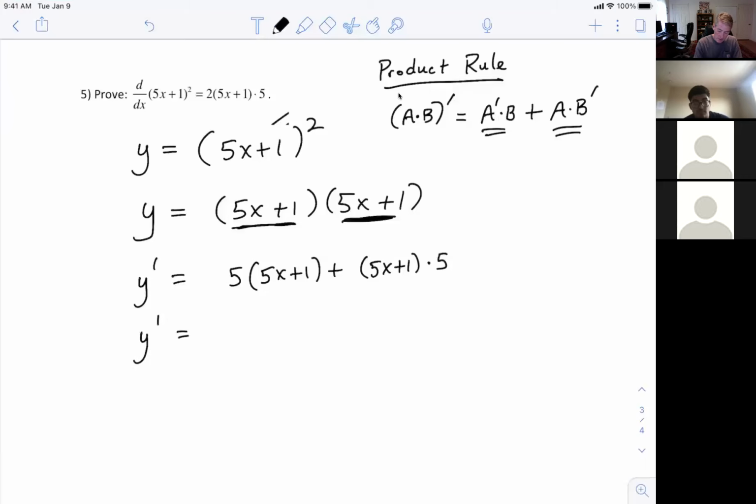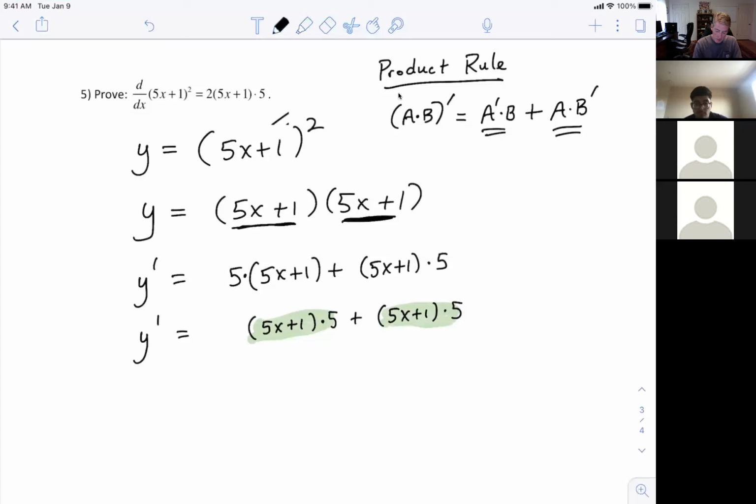Now to make it look like the answer, for this first one, it's 5 times the parentheses. Well, I could also just put parentheses 5x plus 1 and move the 5 to the end. And then it's saying you have this parentheses times 5 plus another one that's exactly the same.